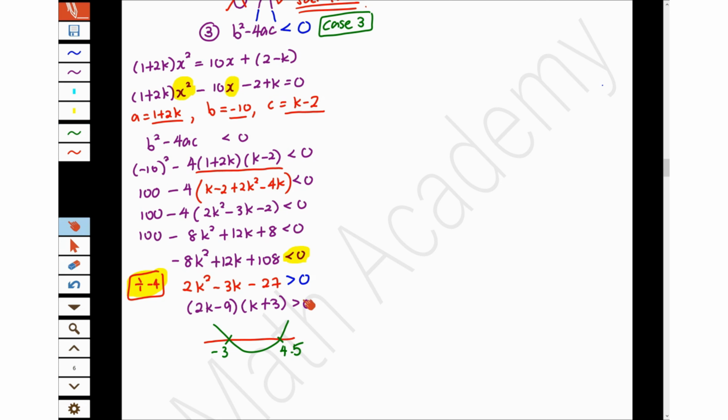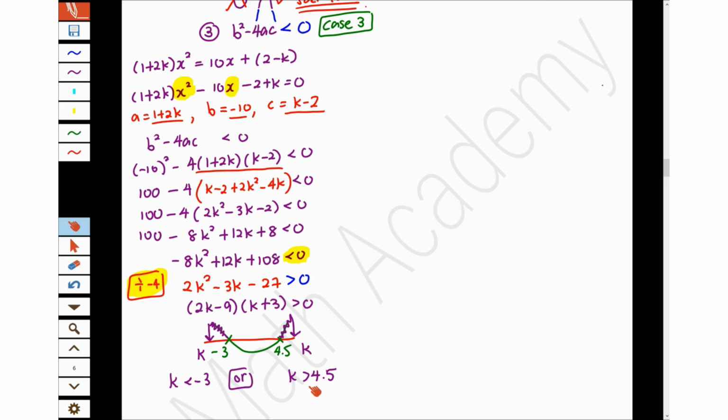More than 0, check out the portion of the curve above the x-axis. Above the x-axis, that will correspond to k on the right hand side. So the range here is k less than -3 or k more than 4.5.